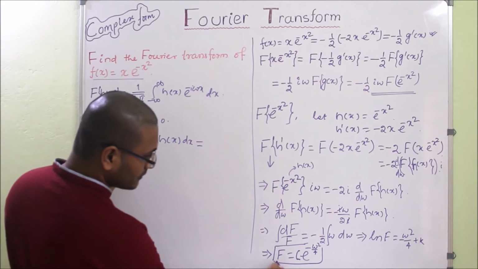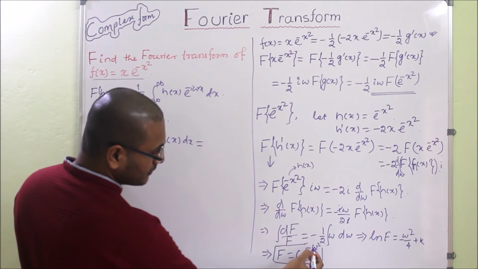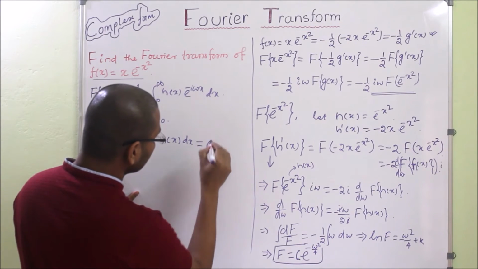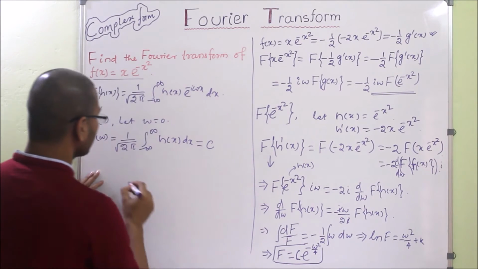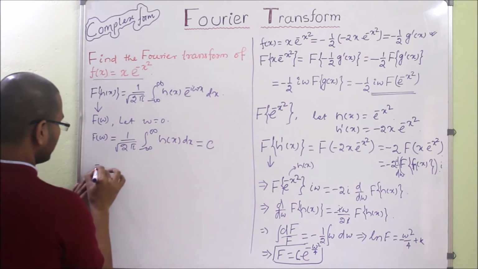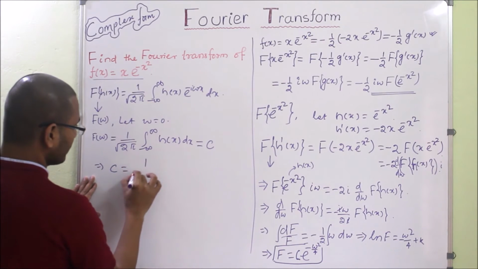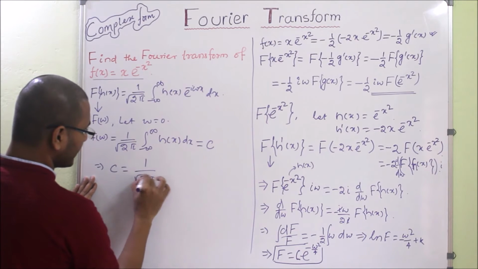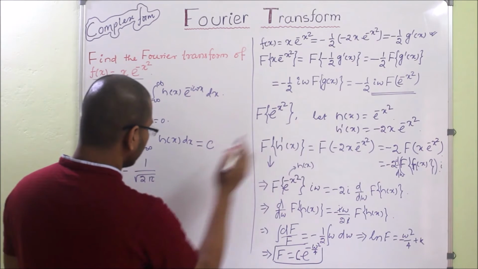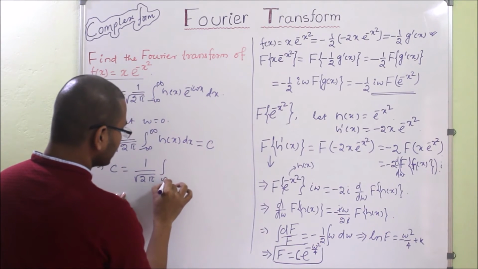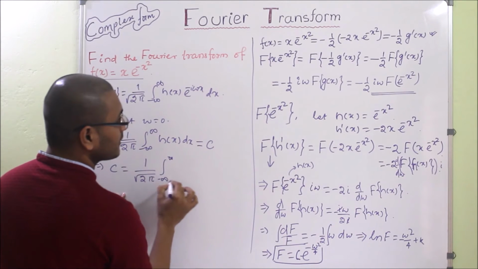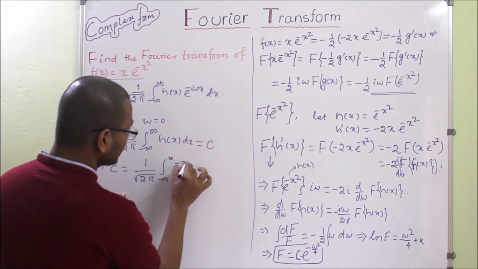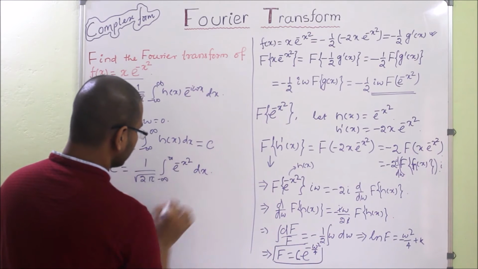which is equal to f. We know this f equals c e to the power this. So if I put w equal to 0, this will be what? Nothing but c value. So c means this. That means c equals 1 by square root of 2 pi, h of x, what we have taken? This. Integral from minus infinity to infinity, this integration e to the power minus x square dx.